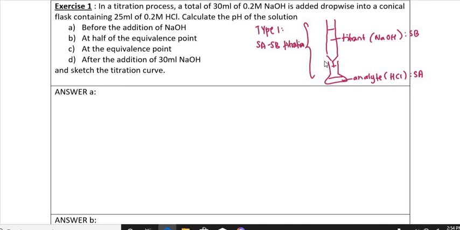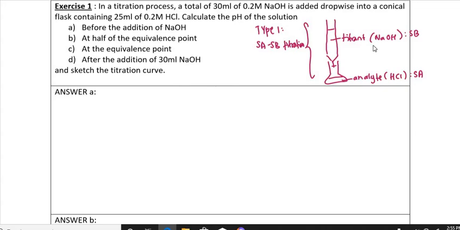Okay, tak kisah titrant itu strong acid ataupun strong base, tak kisah analyte itu strong acid ataupun strong base. As long as they are strong and strong, we refer to the type number 1.